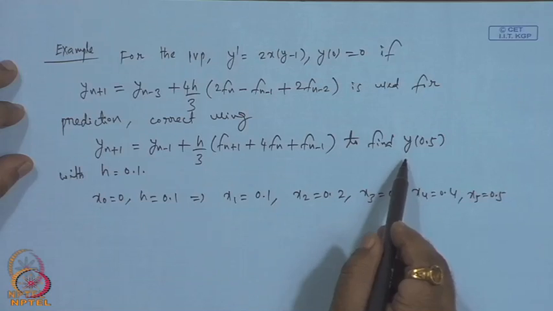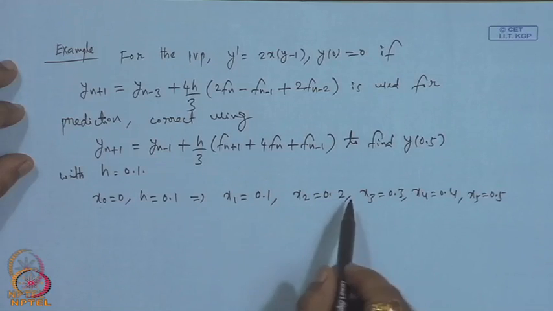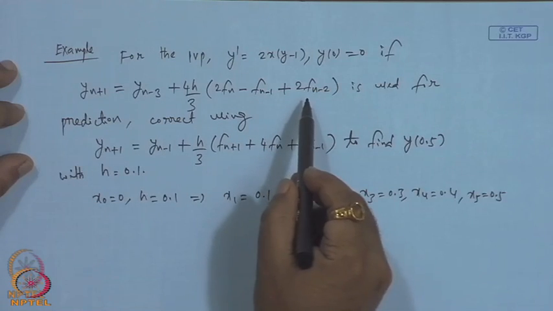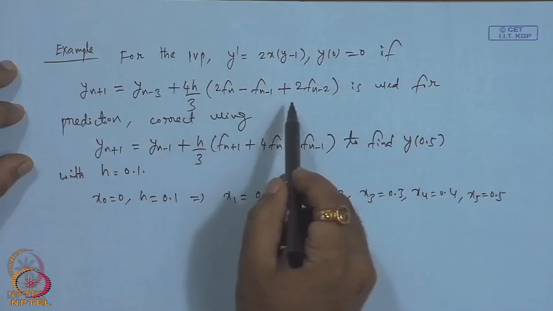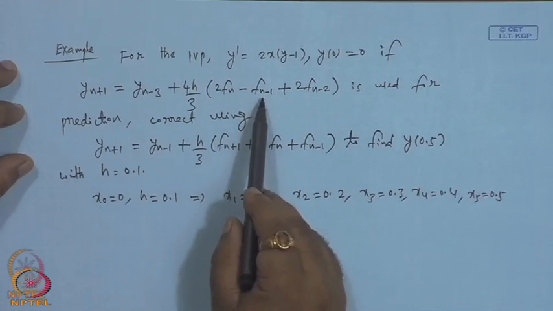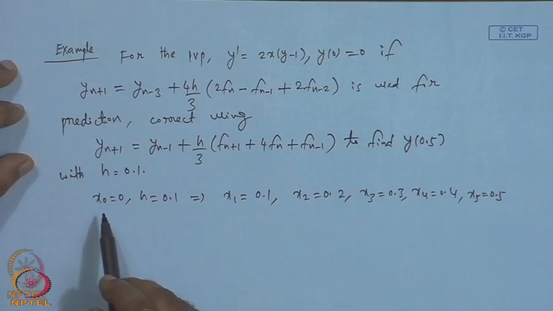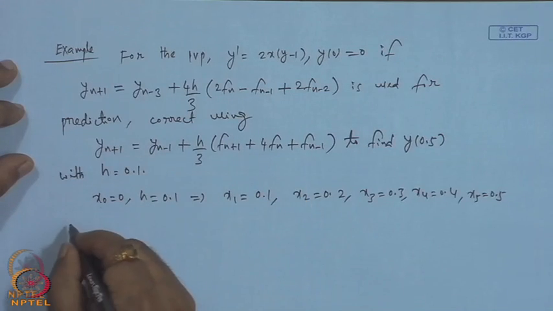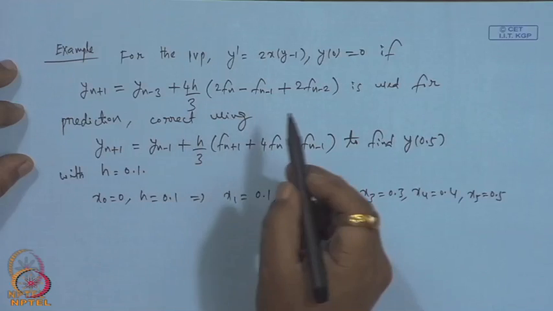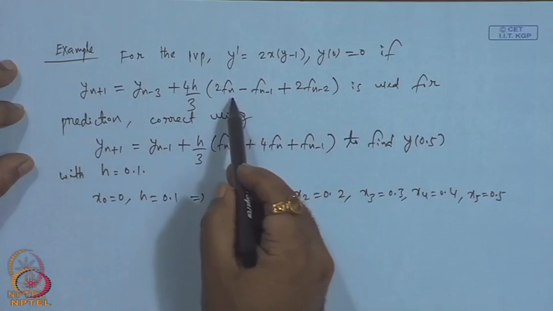So, we need some initial data. To compute n plus 1 in the prediction, we need n, n minus 1, n minus 2, n minus 3. Even to use this explicit method, you need these values.